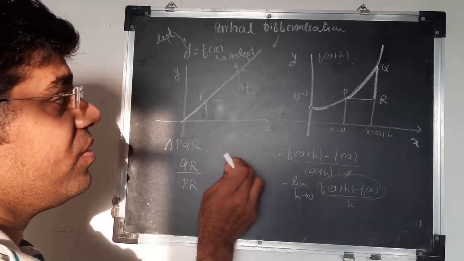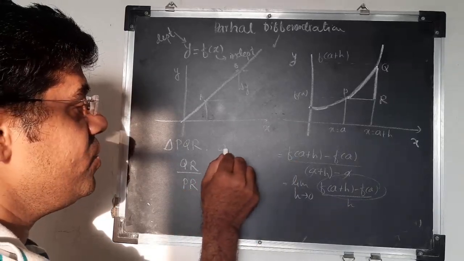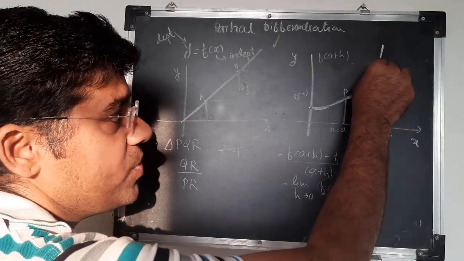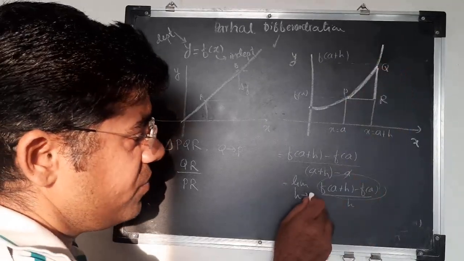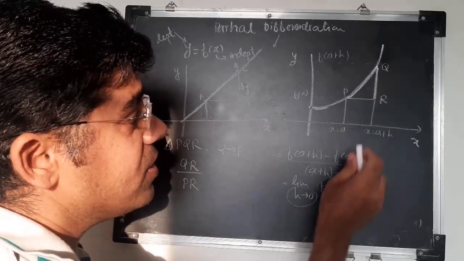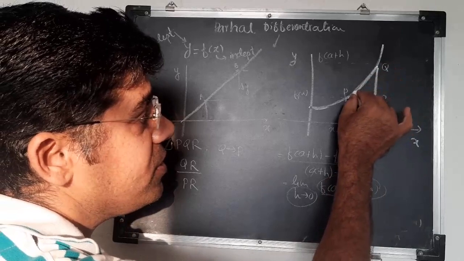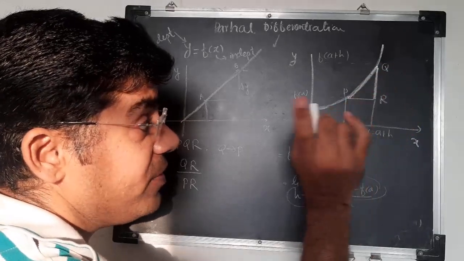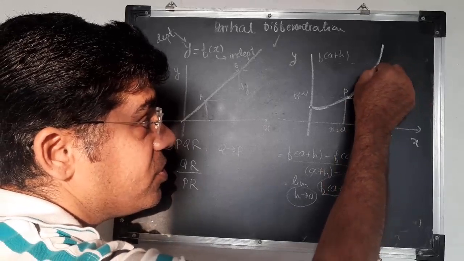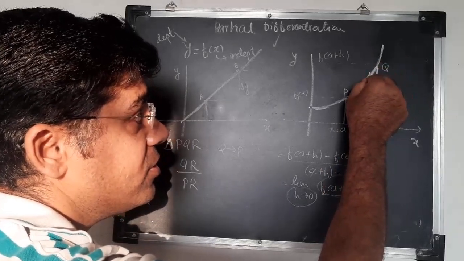This happens when Q tends to P, because we have taken the limit H tends to 0. H tends to 0 means the given point Q is closer and closer. The value is not 0. Q point tends toward P, means here, here, here.